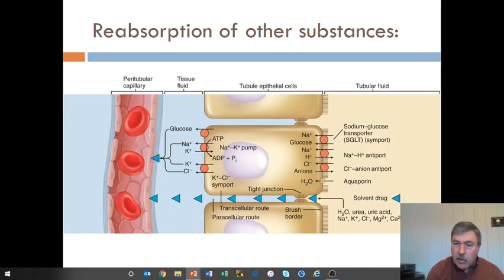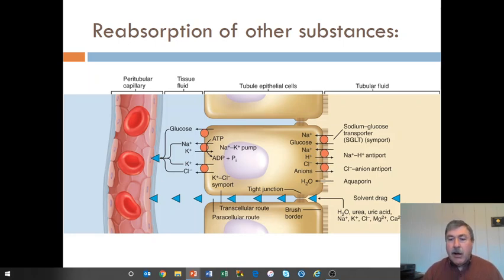They just kind of go along with the water for the ride. The water contains these dissolved substances, and so when the water moves down its concentration gradient, these other substances end up getting dragged along with the water molecules. And so that actually causes the reabsorption of some of the nitrogenous wastes.